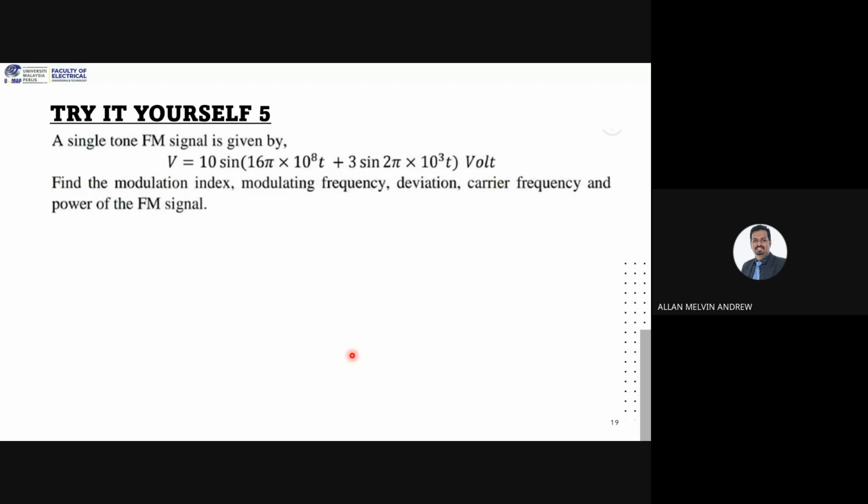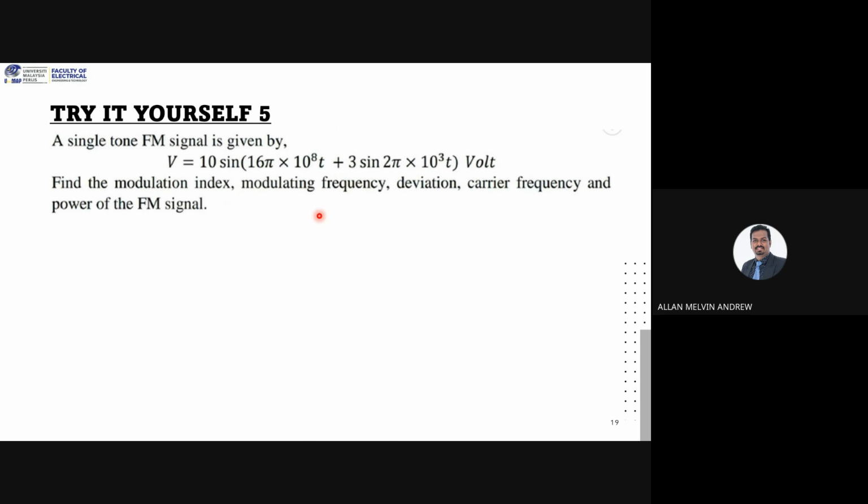The fifth question: a single tone FM signal is given. So they already gave the modulated FM signal, meaning a frequency modulated signal. They asked to find the modulation index. You just need to compare with the standard formula.